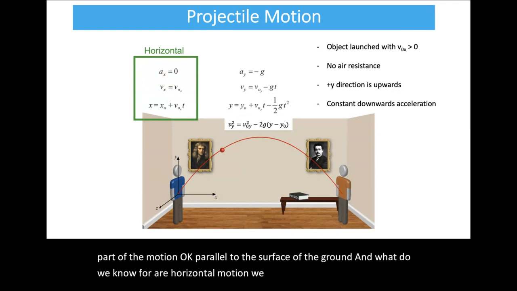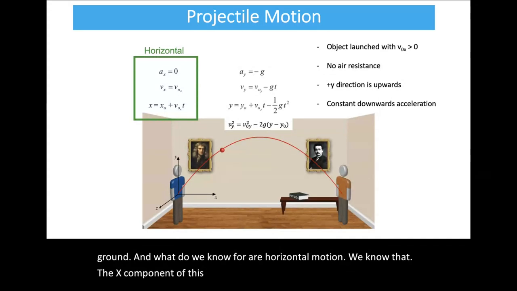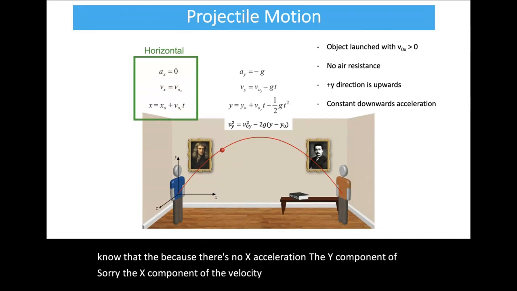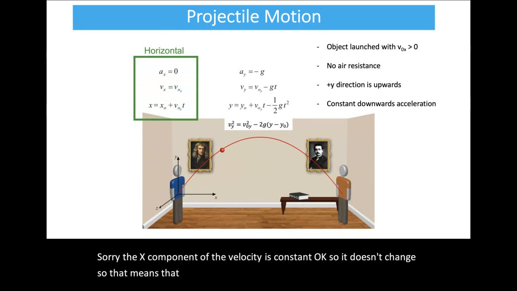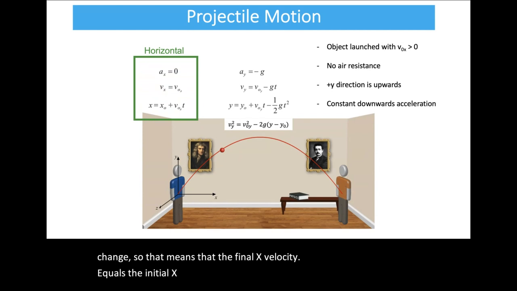And what do we know for our horizontal motion? We know that the x component of the acceleration is 0. There's no x acceleration. We know that because there's no x acceleration, the x component of the velocity is constant. Okay, so it doesn't change. So that means that the final x velocity equals the initial x velocity at all times.